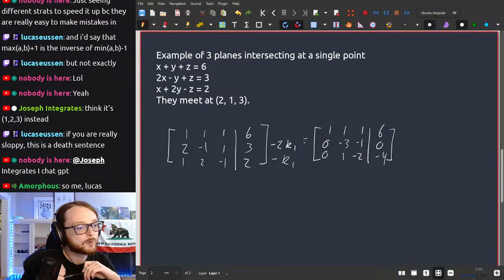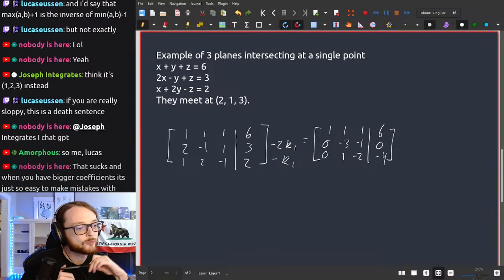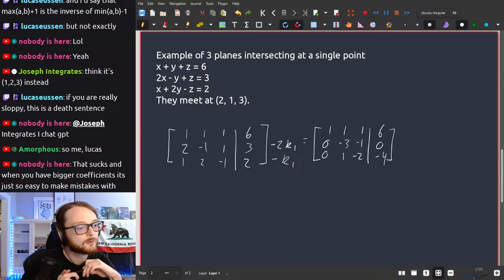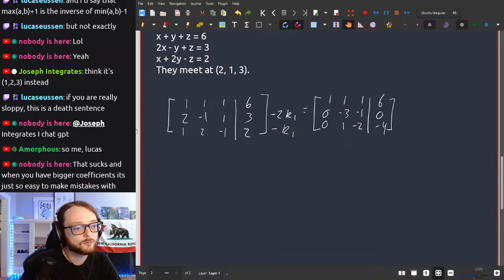You have a book somewhere, but it comes down to something wedge something. So a wedge b is min of a, b minus 1. Really? So this isn't like an inverse as I would imagine it.